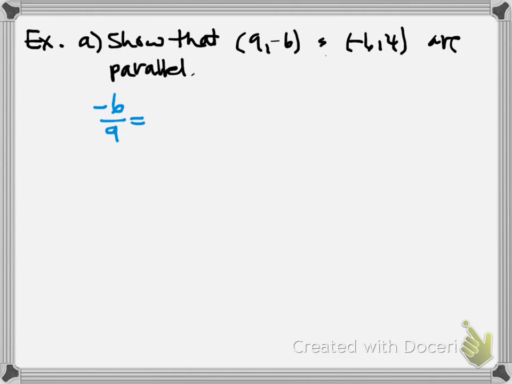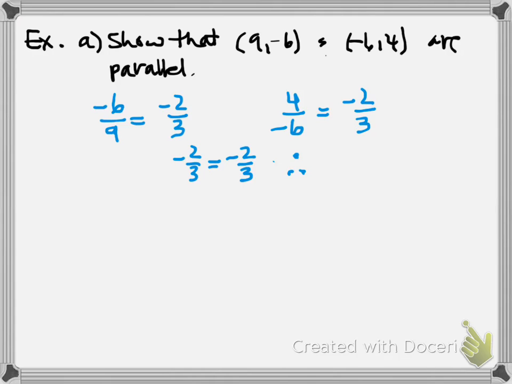Simplify it down, they both have a 3 in common. We get negative 2 over 3. Second one, it's 4 over negative 6. Simplify it down, we get negative 2 over 3. Since the slopes are the same, and we know that parallel lines have the same slope, we can conclude, do you guys remember the 3 little dots mean therefore? Therefore, the vectors are parallel. Okay, it's as simple as that.